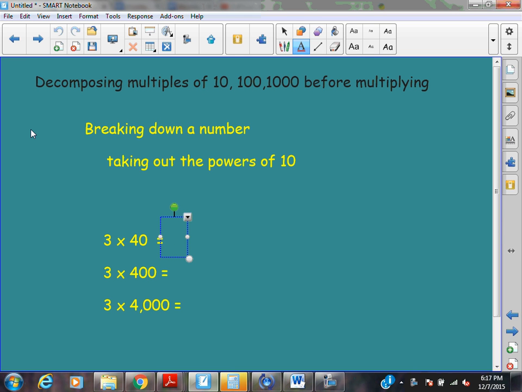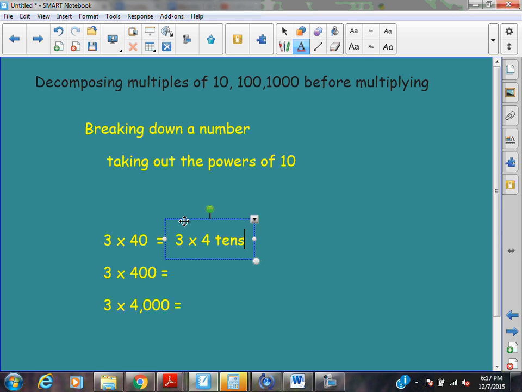that are there. So an example of that would be, if I had 3 times 40, my job is to figure out how many 10s are in 40, or if there's a 10 in 40, and break that down. So instead of having 3 times 40, I could break it down into 3 times 4 10s, because that's all 40 is, 4 10s.